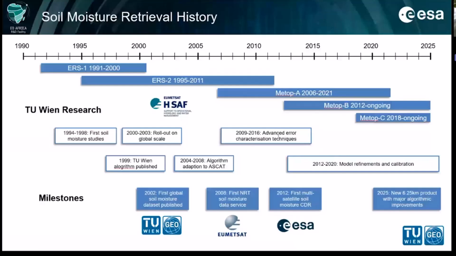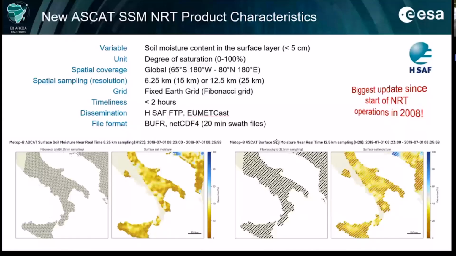It really took us many, many years to understand different error influences on the product, so that we then finally went into model refinements and a new way of calibrating the data. And now I'm very happy to say that after so many years of research, it is this year that we bring out a new product that contains many new algorithmic improvements. This update is certainly the biggest update since the start of near real-time operations in the year 2008.